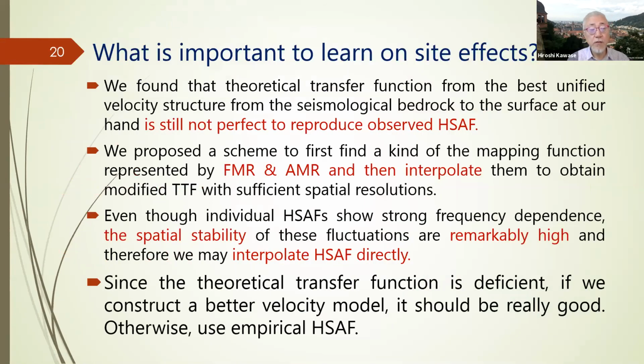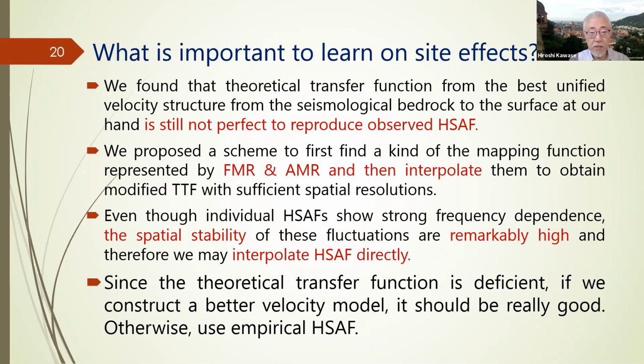So in conclusion, we found that the theoretical transfer function from the velocity structure from the seismological bedrock to the surface is still not perfect to reproduce the observed horizontal SAF. So we propose a scheme to first find a kind of mapping function represented by FMR and AMR, and then interpolate them to modify the transfer function.